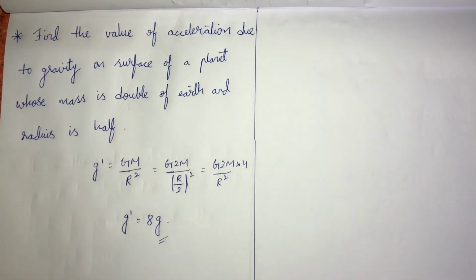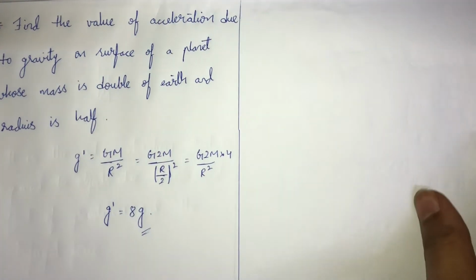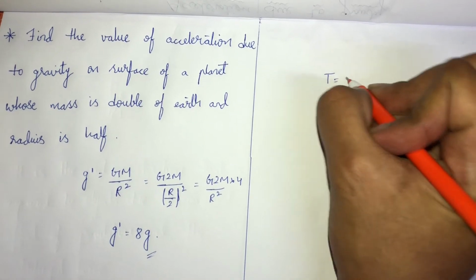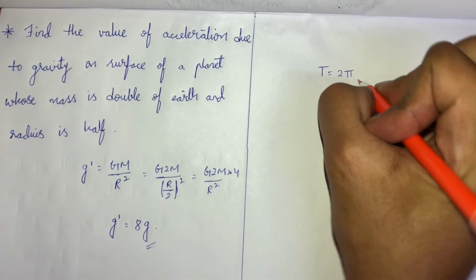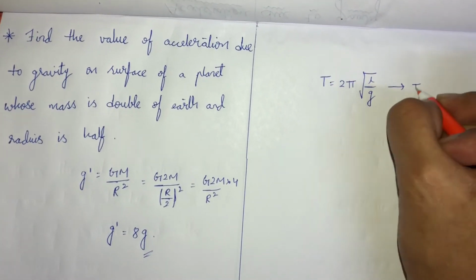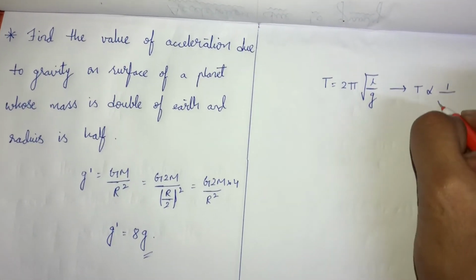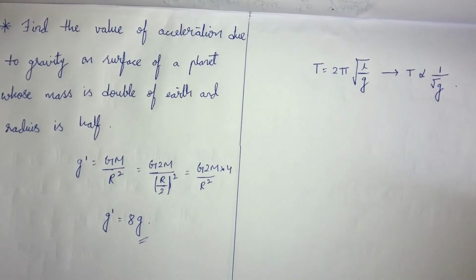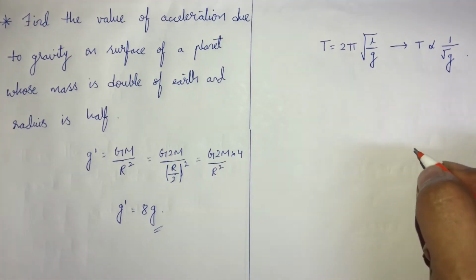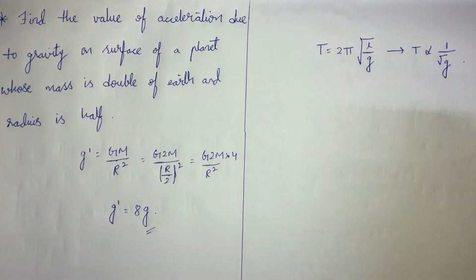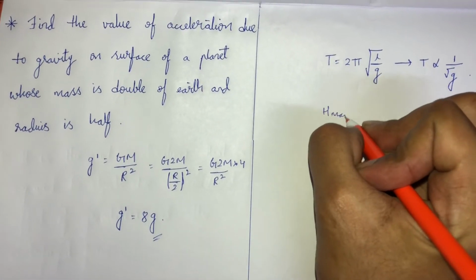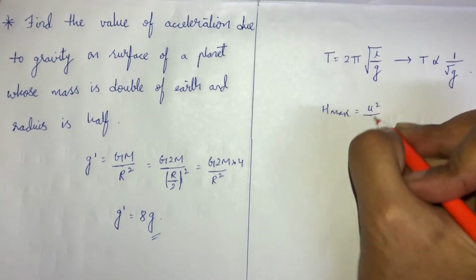So the relation of acceleration due to gravity to the time period of the pendulum: T is equal to 2 pi under root L by g. Therefore T is inversely proportional to under root g. And in case of a parabola, if the body reaches the maximum height, then the relation with acceleration due to gravity is h max equal to u square by 2g.